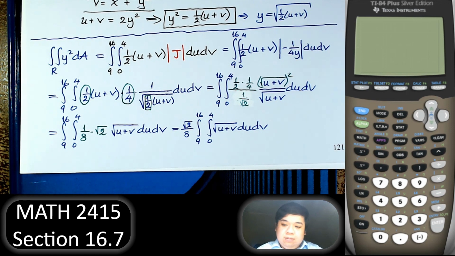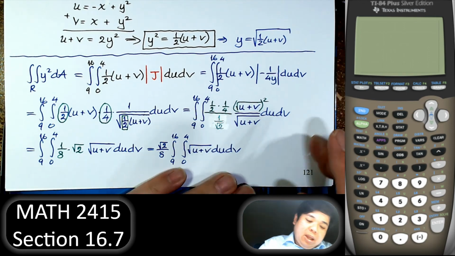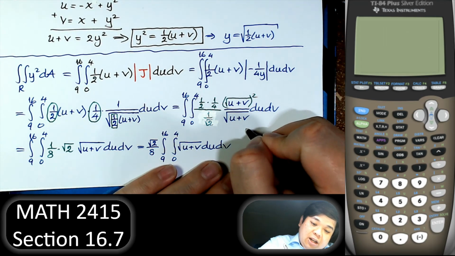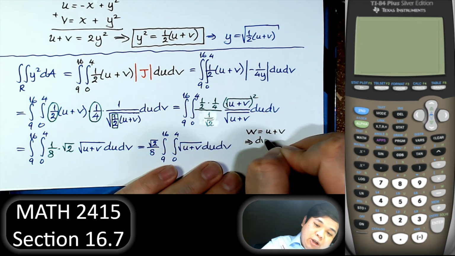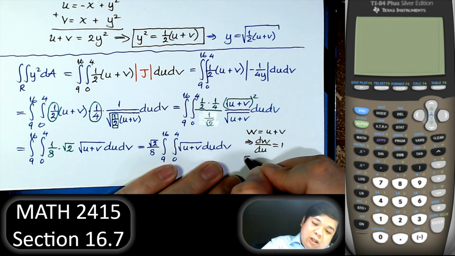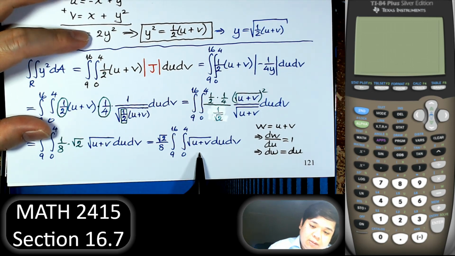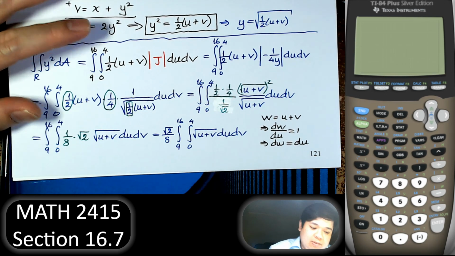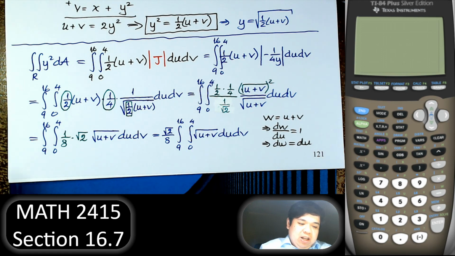Substitution. Yeah, I should have seen this before, so I take advantage of that space. Right, substitution. Let w equal u plus v. So the derivative of w with respect to u is 1. So dw is equal to du. Yeah, worry about the change of the limits later.